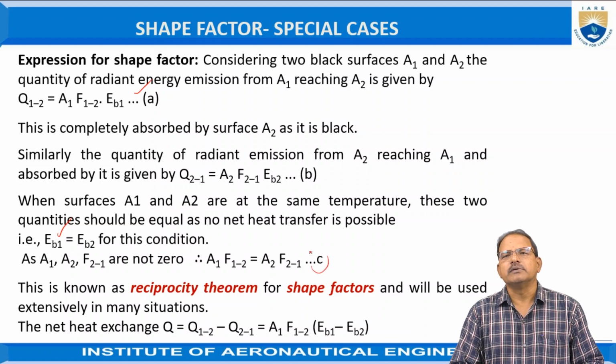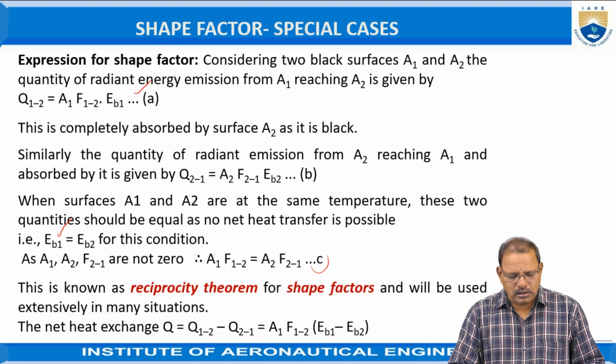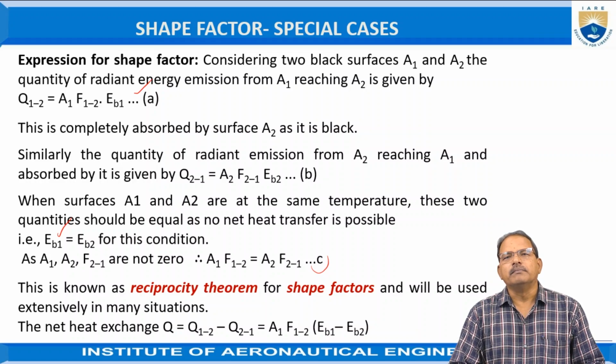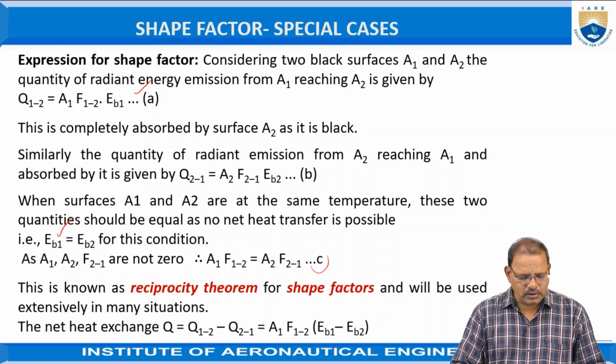This is the relationship between the two black bodies when both are maintained at the same temperature. This theorem is known as the reciprocity theorem for the shape factor, and we will use it essentially in many situations to determine the amount of heat energy radiated.